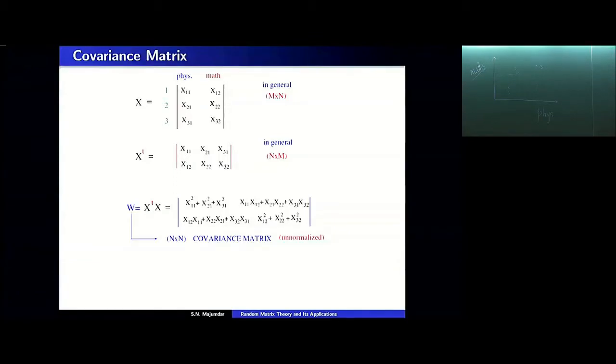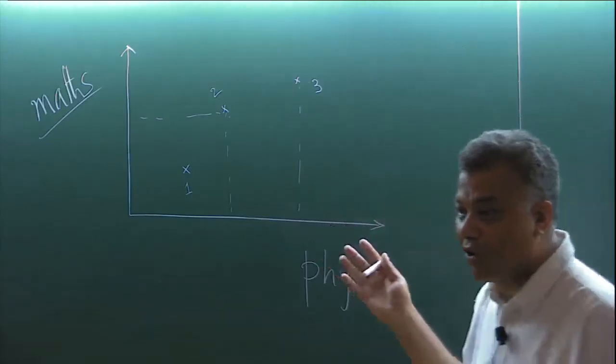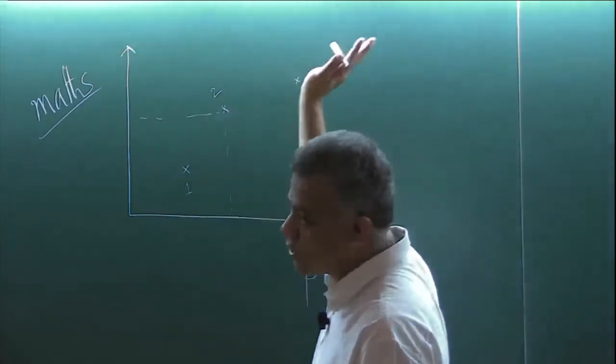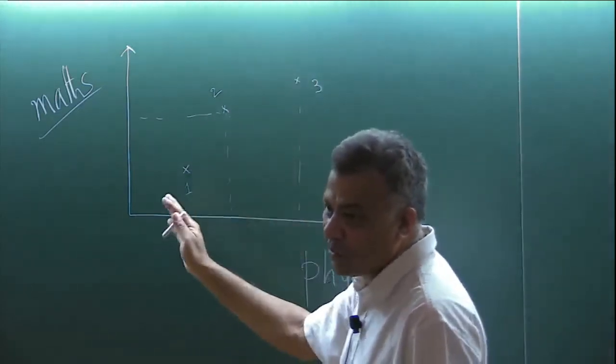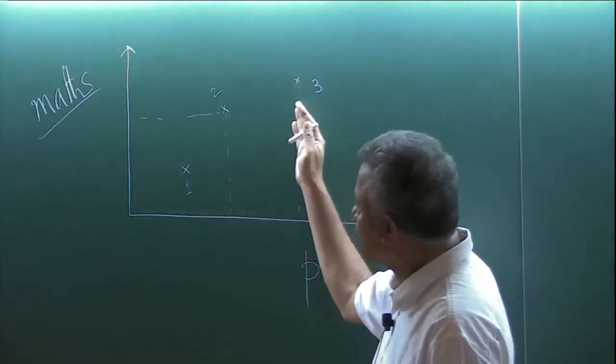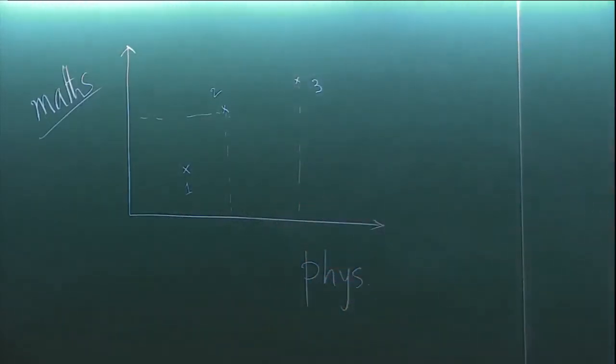Now, if I ask you, are the maths and physics scores strongly correlated or not? You will say yes, right? It almost looks like they are in a line, right? So that means if physics score is big, math score is also big, okay? So if you are in this situation, then you see immediately from your picture that they are very strongly correlated.